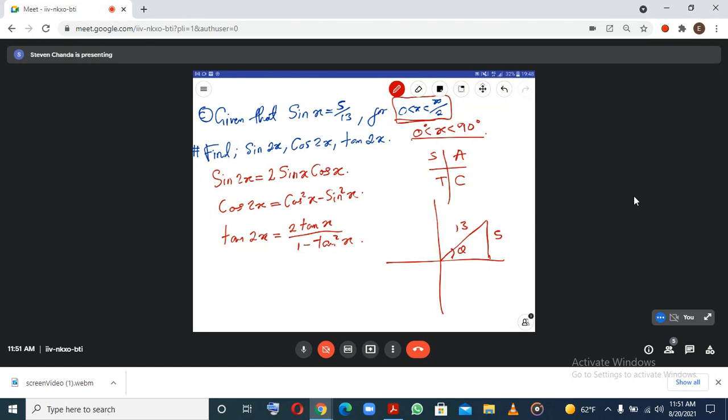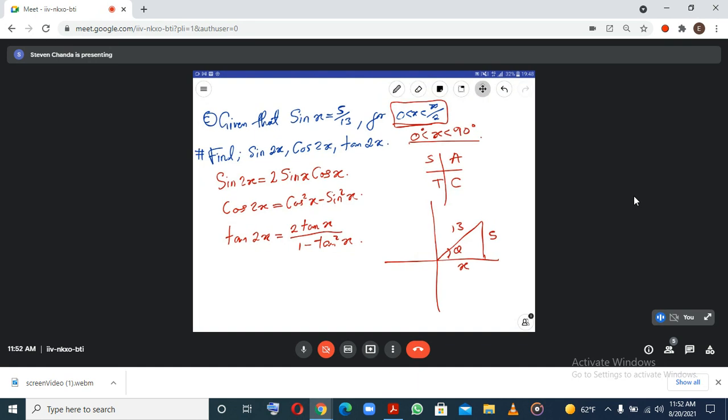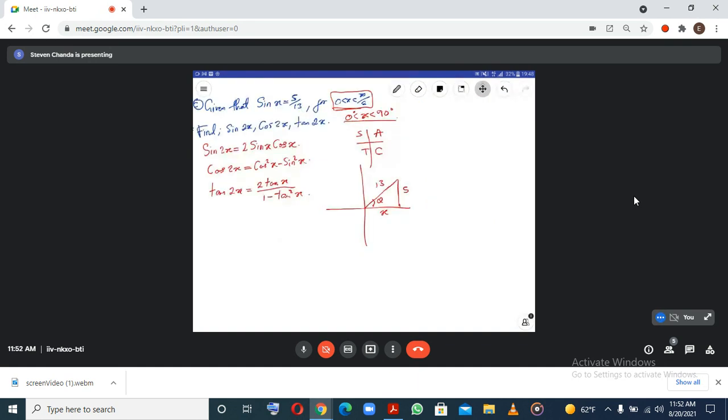Now we want to find x, because cos is going to be adjacent over hypotenuse. So we are going to calculate x.